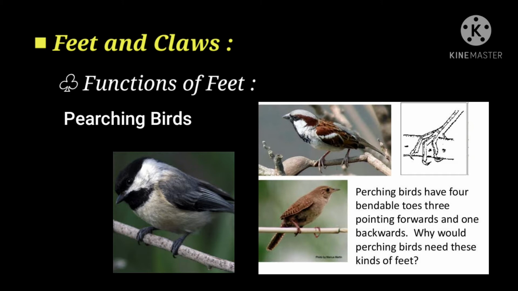In their legs, out of the 4 toes, 3 toes are present in the front and 1 toe in the back. This arrangement of the toes helps them to sit on the high branch of the tree without falling. This type of legs are called perching legs, and this type of birds are known as perching birds.